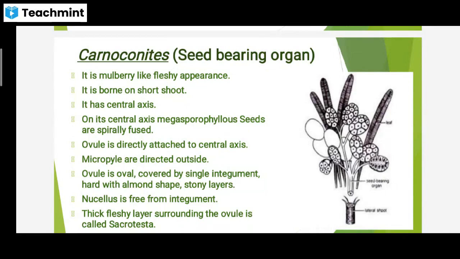Ovule is directly attached to the central axis. Micropyles are directed outside. Ovule is oval, covered by single integument, hard with almond-shaped stony layers. Nucellus is free from integument. Thick fleshy layer surrounding the ovule is called as sarcotesta.